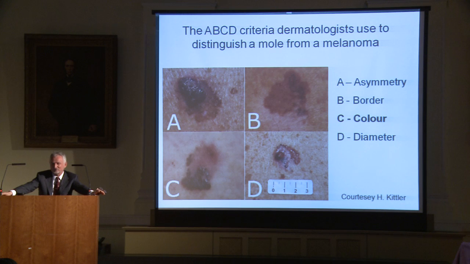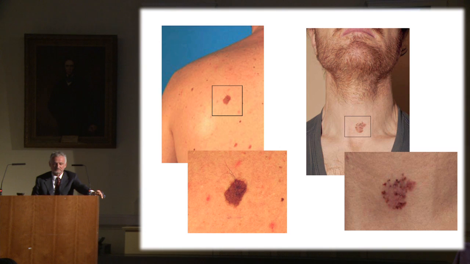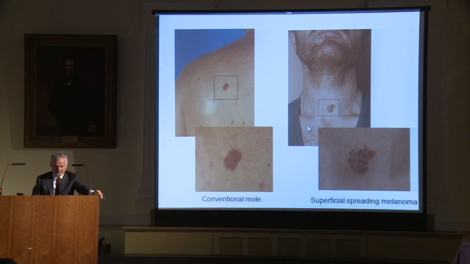It's just I want you to keep in mind that dermatologists are able to read that and are probably able to prevent a disease progression or prevent a disease at all. And here is an example of two spots. This one on the shoulder, and this one in a different person on the neck, and you can guess what it is. One is a superficial spreading melanoma, and one is a conventional mole. Both of them have been excised.